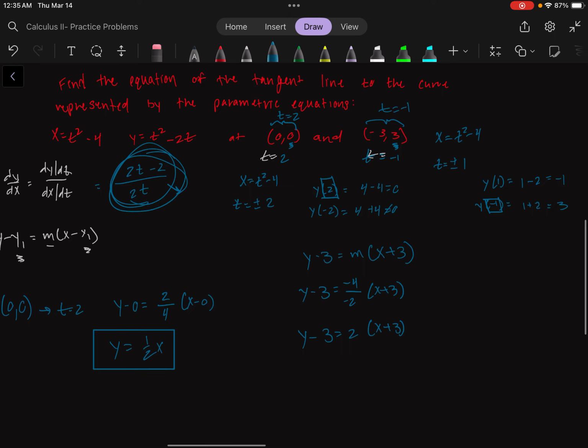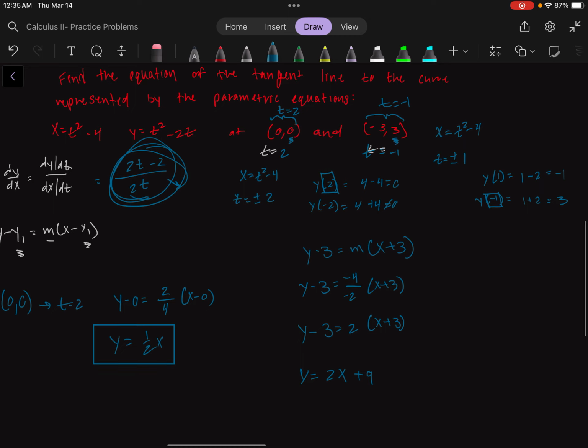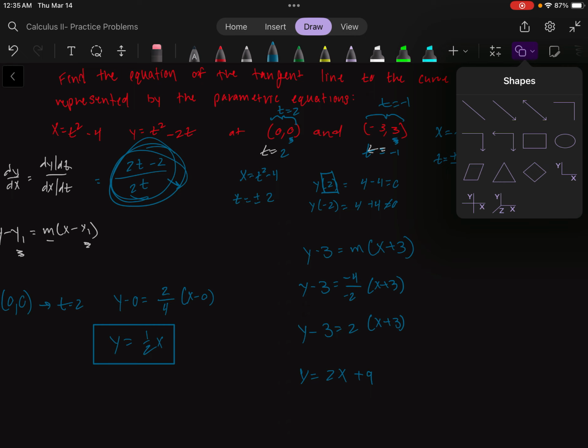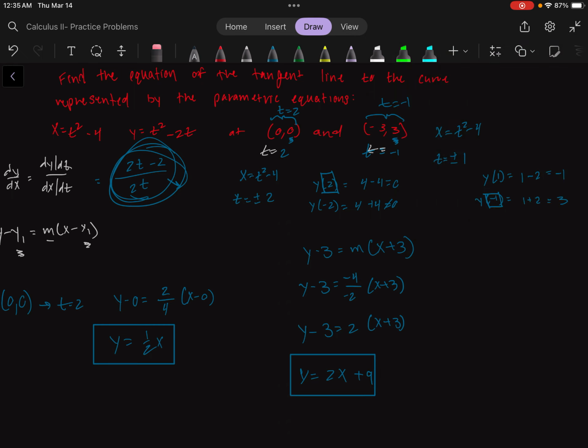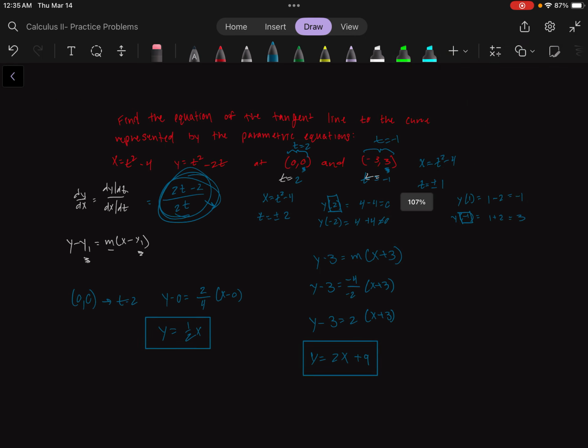Well, I guess we could put it into slope-intercept form. We're going to get 2x plus 9, right? So that is how we find the tangent line to a curve represented by parametric equations.